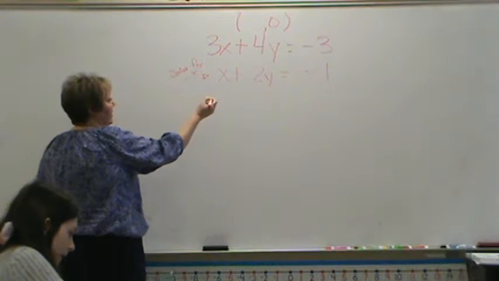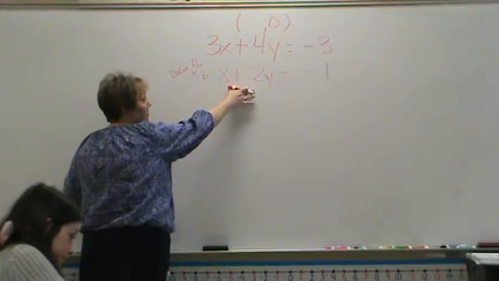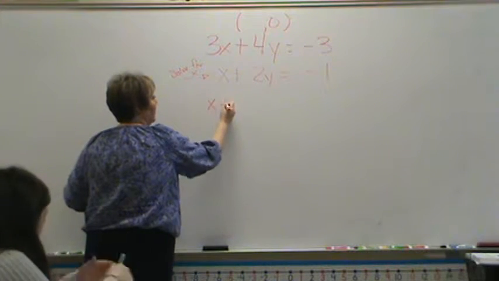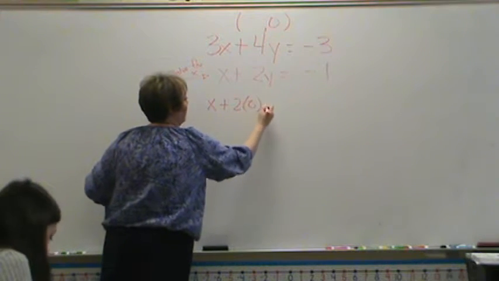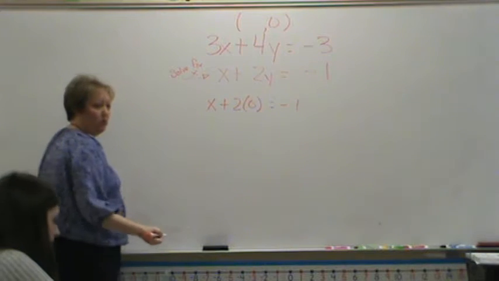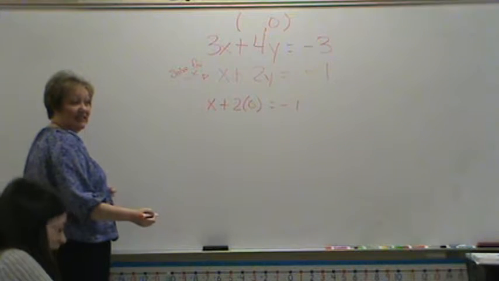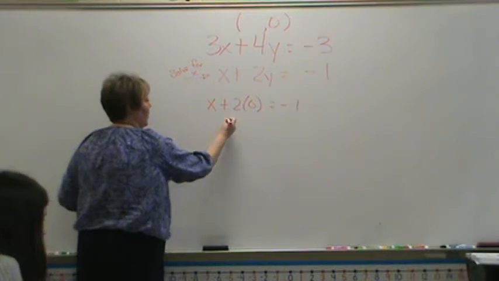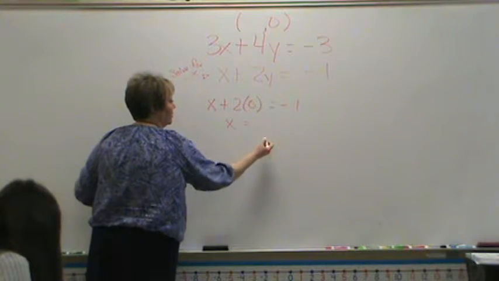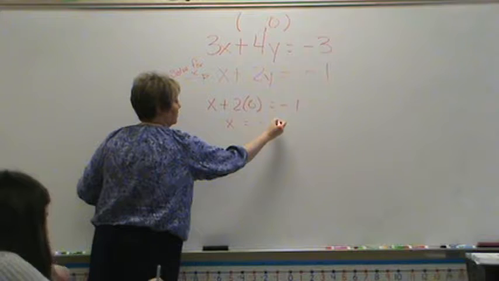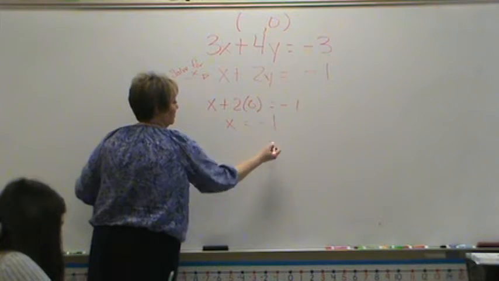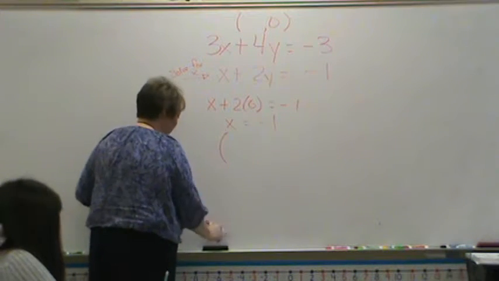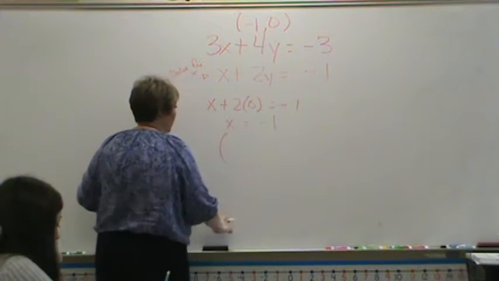Okay, so I'm going with this equation. x plus 2 times 0 equals negative 1. What do I do? 0. So x equals, no. x equals -1. Sorry. My ordered pair is negative 1, 0.